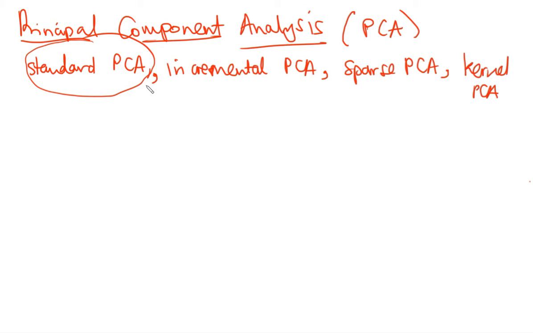Because this is a dimension reduction algorithm, principal component analysis tries to find a low dimensional representation of our data, and it does so by retaining as much variation as possible that is in the data.